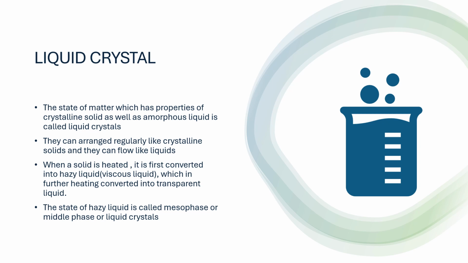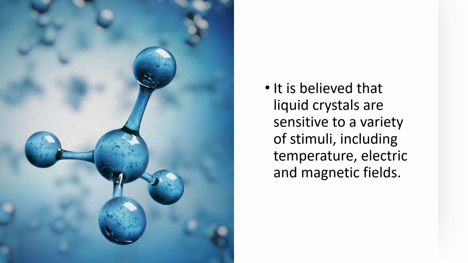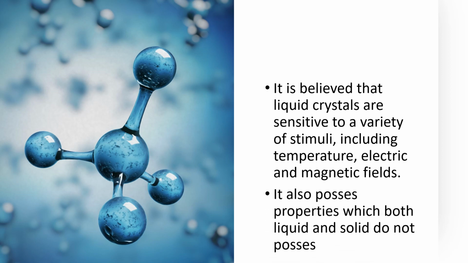This is called liquid crystals. It is believed that liquid crystals are sensitive to a variety of stimuli, including temperature, electric and magnetic fields. They also possess properties which both liquid and solid do not possess.